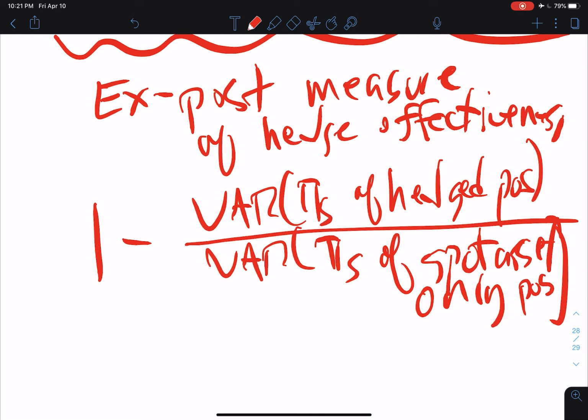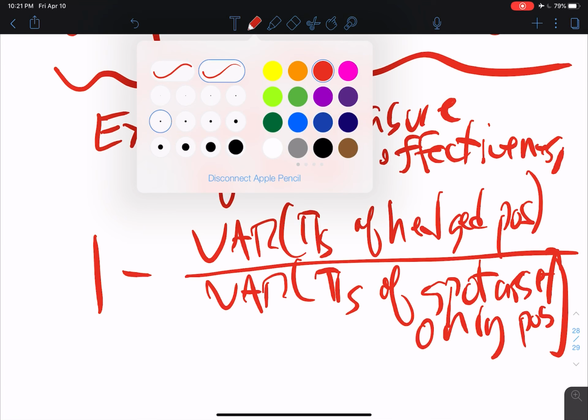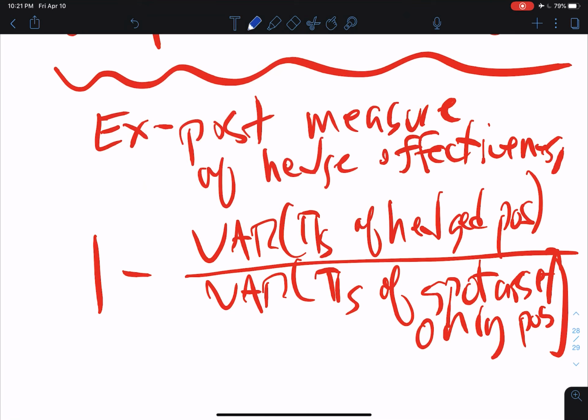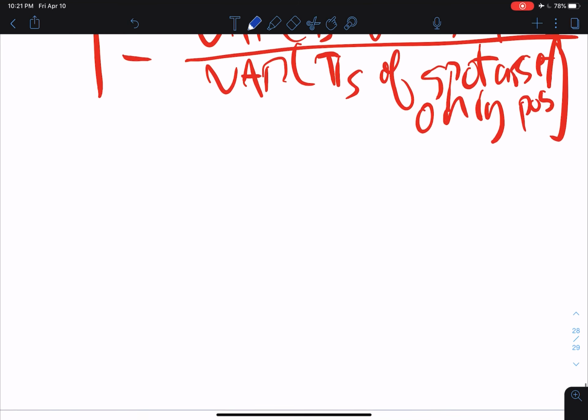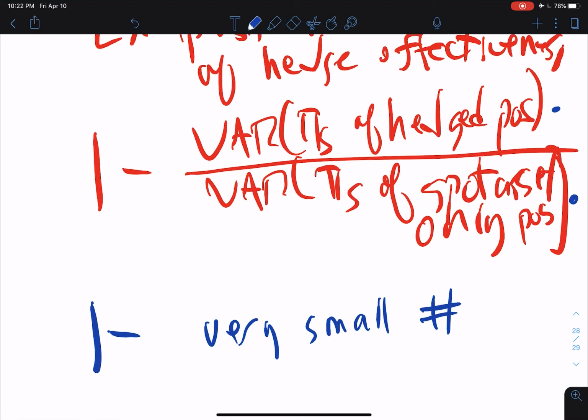Now, again, you would expect the variance of the profits of the hedged position here to be a lot lower than the variance of the profits of the spot asset only position here. And so we'd have 1 minus a number that was ideally very small. 1 minus a very small number.